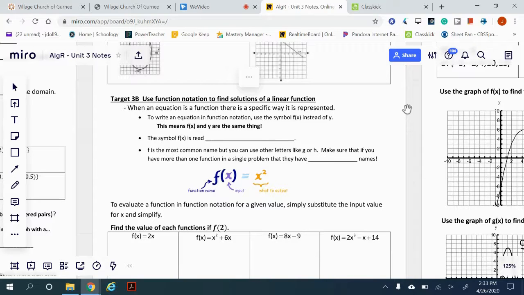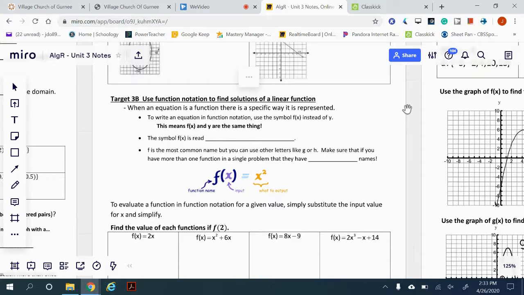And so when a relation is highly specialized, a higher level as a function, there's going to be new specific language and ways to write things, both graphically and in an equation, that are specific to functions.